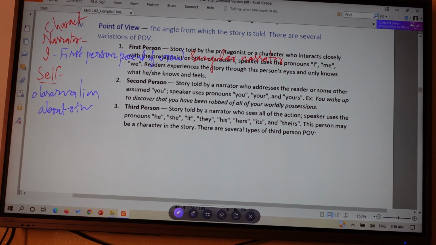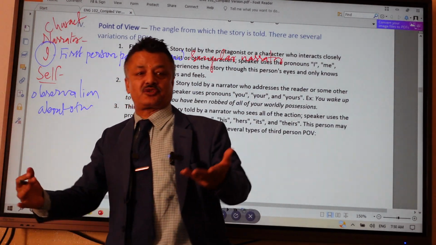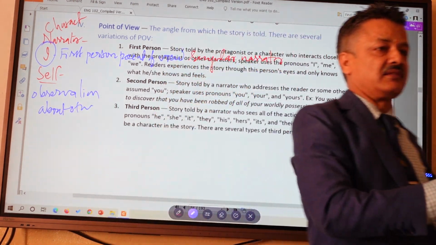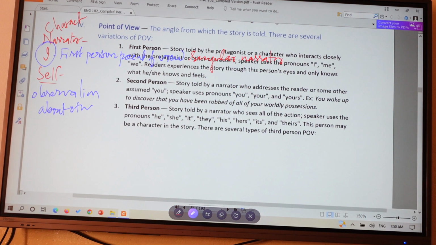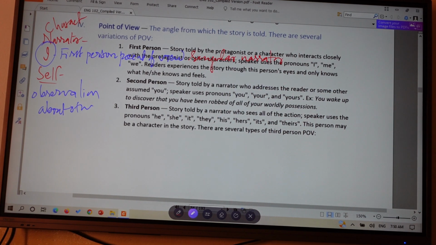For example, if this I does not like his father, he will present his father in a negative light to you. And the problem is that we depend completely on this I to know everything in the story. Imagine this I was not a character. Then he might tell more things about people. But because the I is himself a character, he has this conflict of interest.